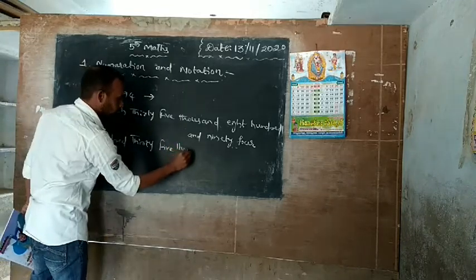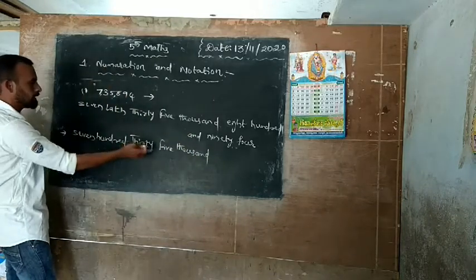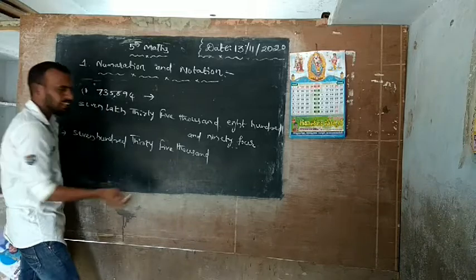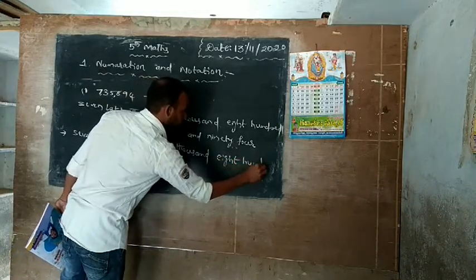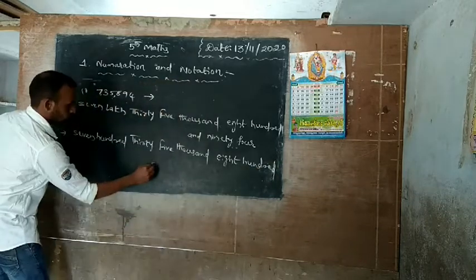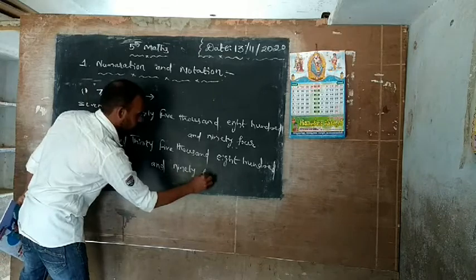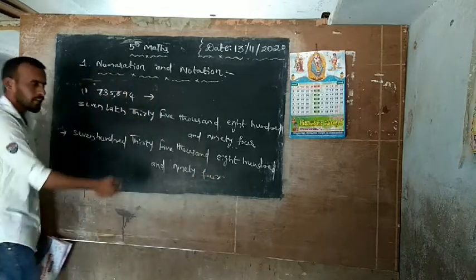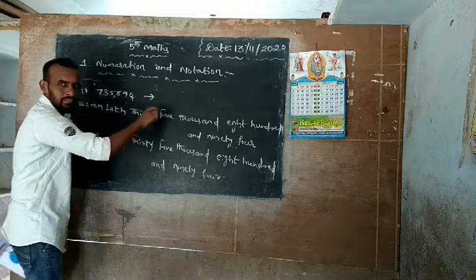So 735,894. 894. So this is the international place value chart number name, and this is the Indian place value chart number name.